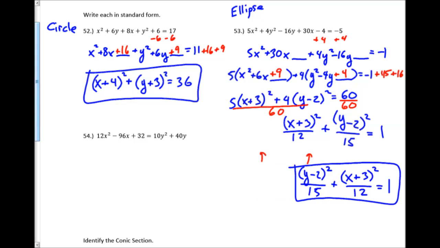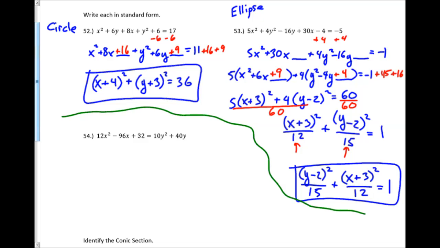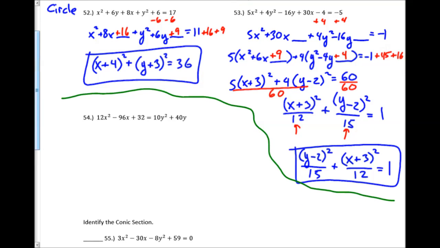Move a little space for my next example here. All right. If I take a look at the next one, right away looking at these terms, I would maybe think that this thing is an ellipse, but keep in mind that these are kind of in the wrong places as I'm starting out. So maybe I'll scoot some of these things around.